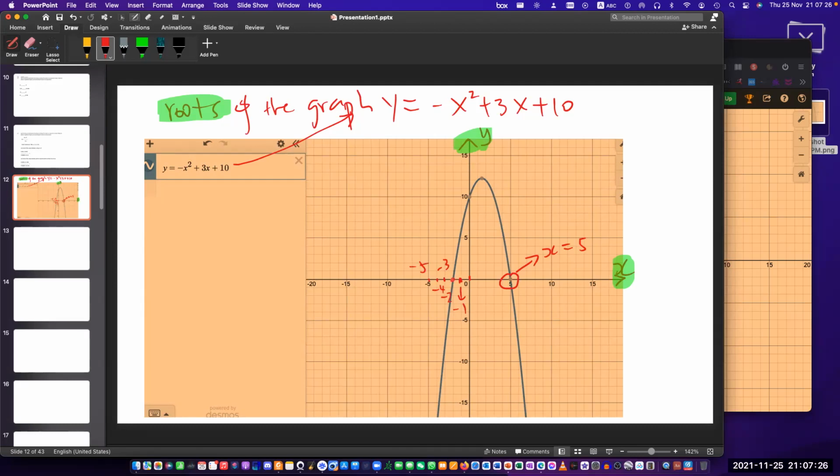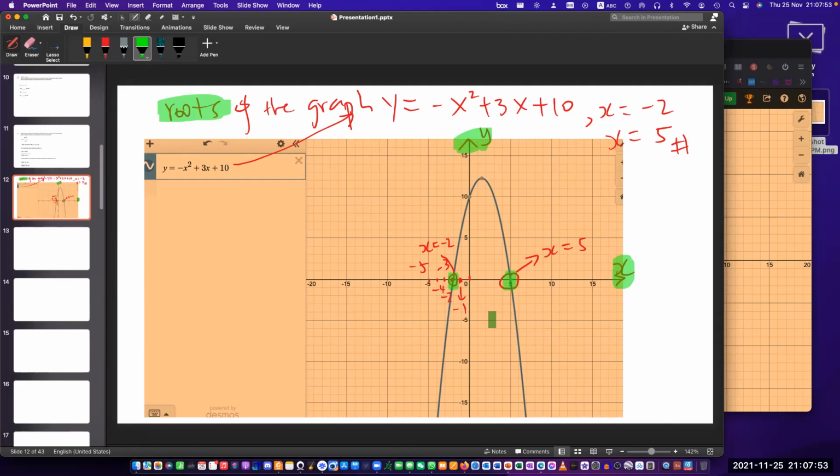So this point is -2, x equals -2. By looking at the graph, you have already found the roots of the graph. So your answer should be x equals -2, x equals 5. What they are asking you is to find these 2 points which intersect with the x-axis.